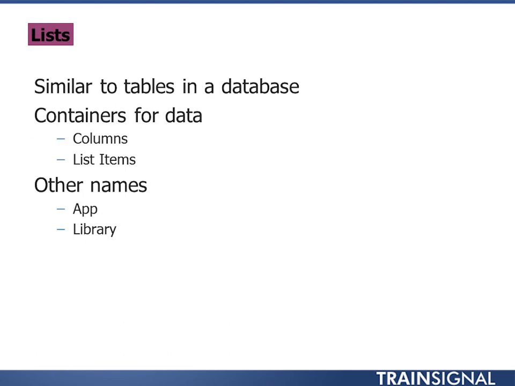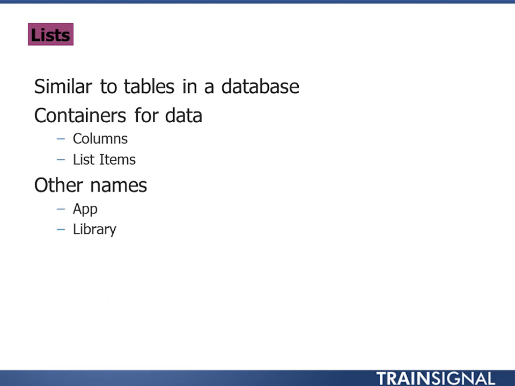My sites, as I mentioned before, are containers for lists, or more generically, apps. My lists are containers for my data. They're very similar to tables in a database, because just like tables in a database, they'll have columns, only instead of having rows, my lists will have list items.